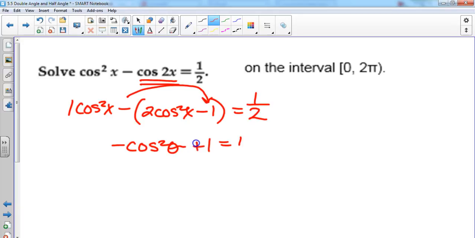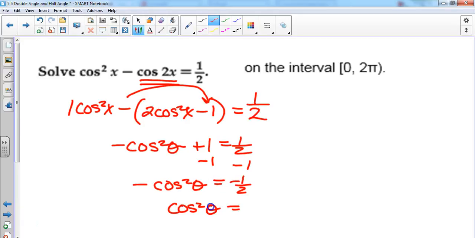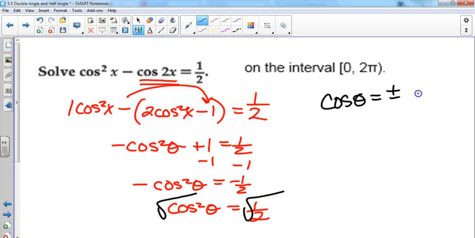Plus 1 equals 1/2. If I subtract 1, change the signs on both sides or divide by negative 1, I get cosine squared is 1/2. Yikes. But what happens when I square root that? Plus or minus.